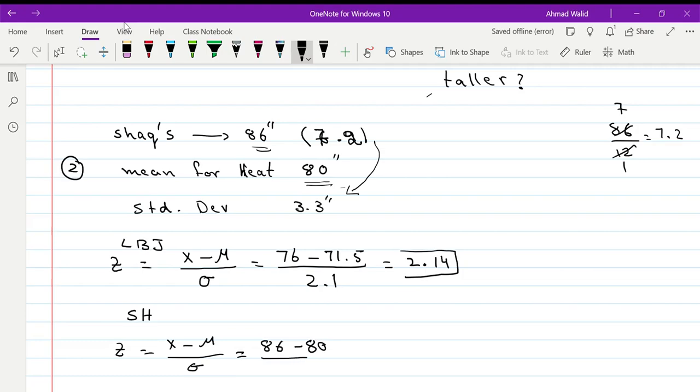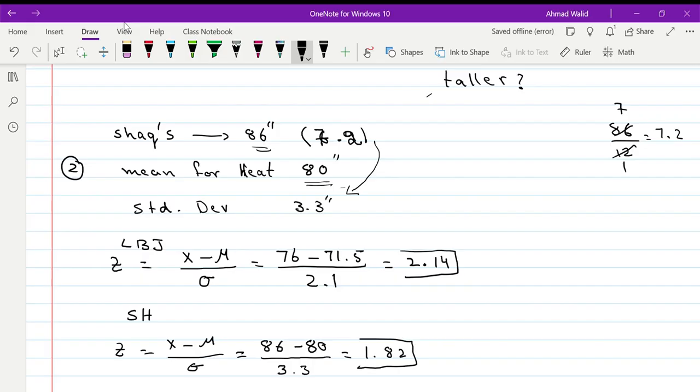Over the standard deviation for the Miami Heat, 3.3, and it gives me 1.82. Now I can answer the question, who is relatively taller? Actually, President LBJ is relatively taller than Shaq.